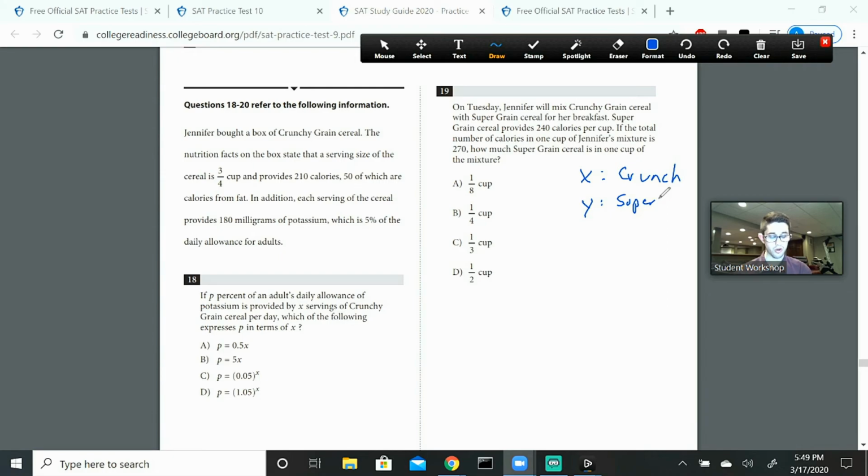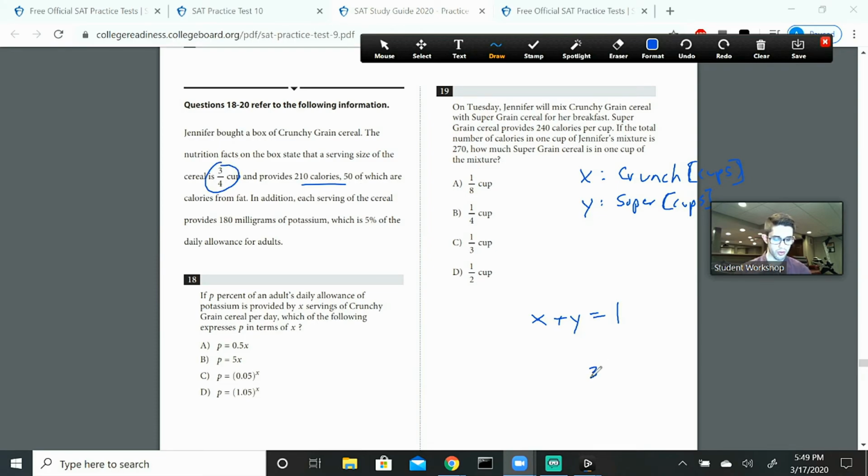Now I know that the total is 1 cup, and this is in cups, just to be clear. I didn't use my brackets like I normally do, but there you go. The unit is cups. X plus y has to equal 1 cup, and then before you go and throw in 210 for multiplying by x to get the calories per cup, we have to realize that that serving is dealing in 3/4 of a cup.